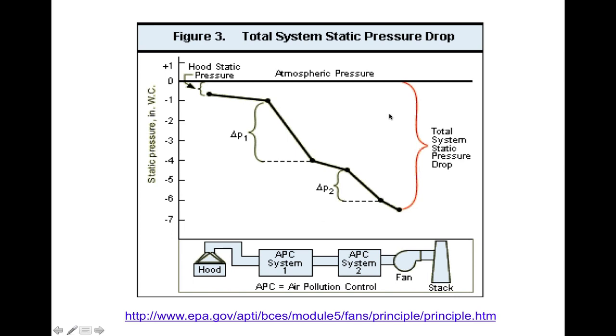This is a version of this diagram where they've charted what the suction pressure is. Total static pressure drop was over here, at the fan, minus 6 inches. And then before this system, it's negative 4 inches, and so on and so forth.